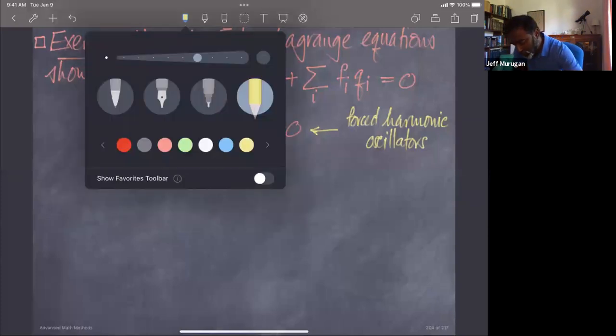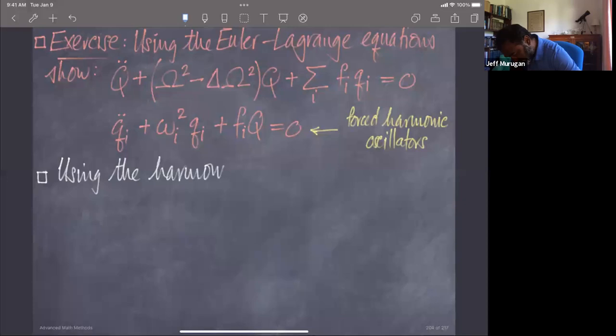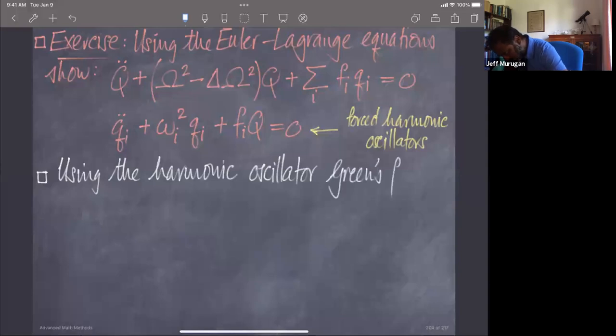So I can use what I know about the harmonic oscillator Green's function to write down a solution for the second set of equations. We'll find the following solution.